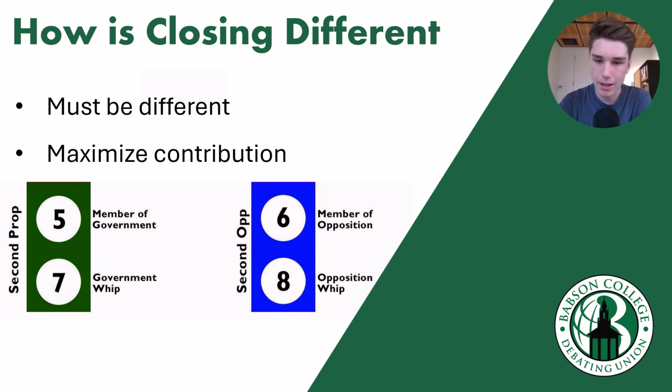I like to flag this, and I already kind of have earlier in this lecture. But broadly, what you're looking at is that your content must be different, and what you're aiming to do is maximize your contribution in the debate. What does that mean? When you're trying to maximize contribution, you are trying to do the most to win the debate for your team.